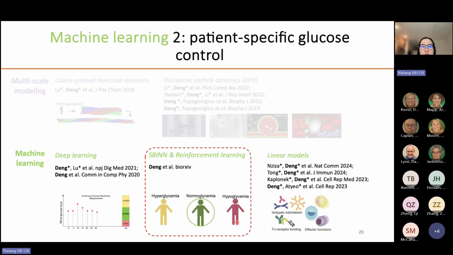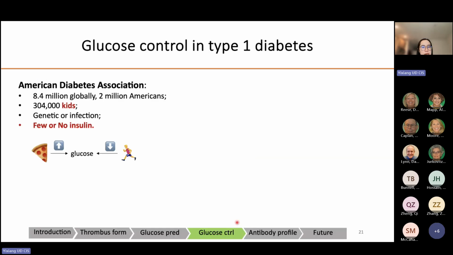Second, I'm very interested to show you my effort in developing patient-specific control algorithms, specifically for type 1 diabetes. A brief review: type 1 diabetes is prevalent. It affects mostly kids, and it's usually considered to be genetic or caused by infection. Patients suffer from little or no insulin due to the malfunctioning of the pancreas.